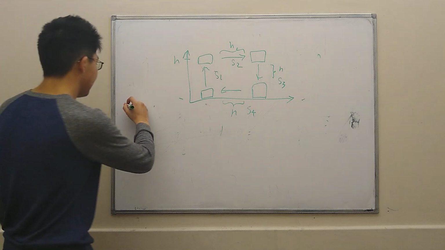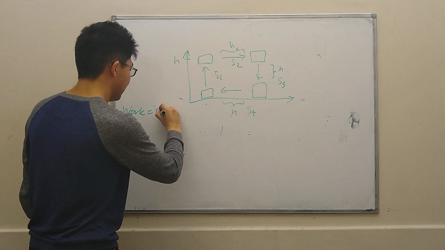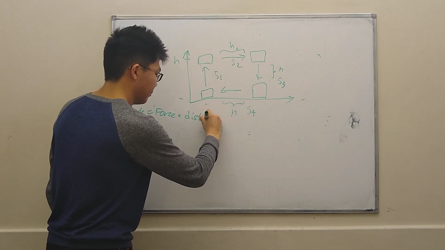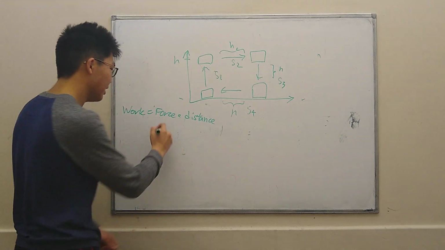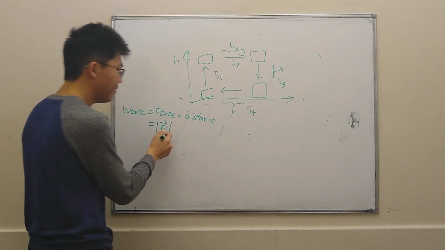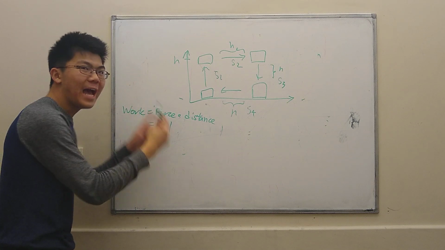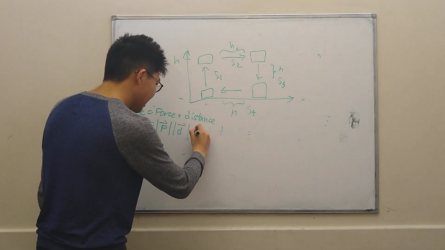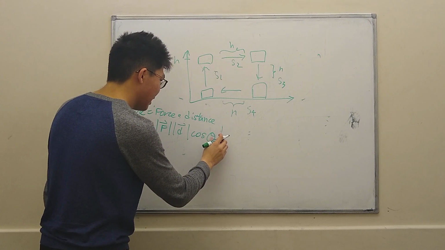So, in physics, the definition of work is equal to force times distance. If the vectors aren't in the same direction, I'm going to use F as the vector for force. So the brackets just mean the absolute magnitude. D is the vector for distance, and I'm going to take the cosine of the angle theta between them.